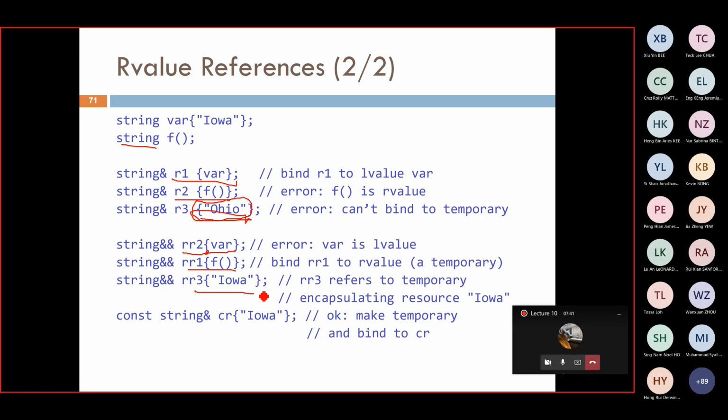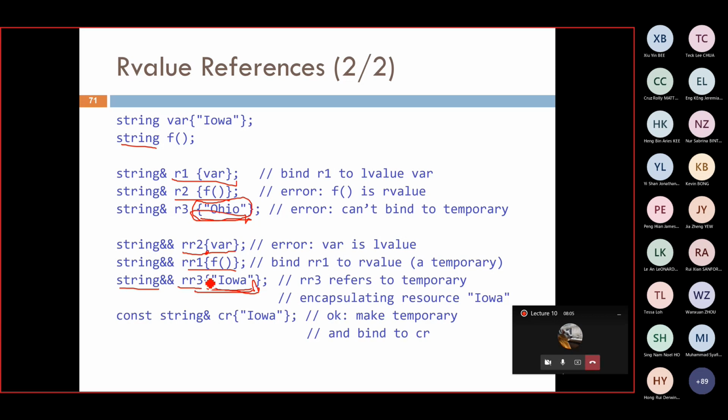Now think about it this way. C++ compilers are going to work really hard for us. So when they see this, they're going to say, okay, there is a way for me to construct a string object, but that string object is going to sit somewhere on the stack and has no name. And this guy is going to become a sort of life extension of that temporary.